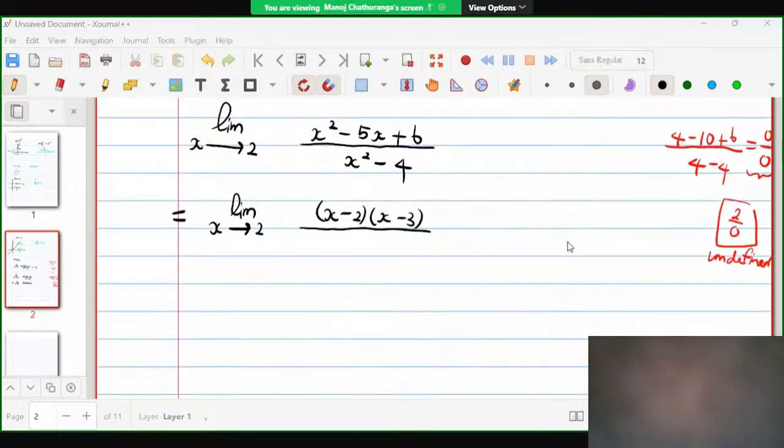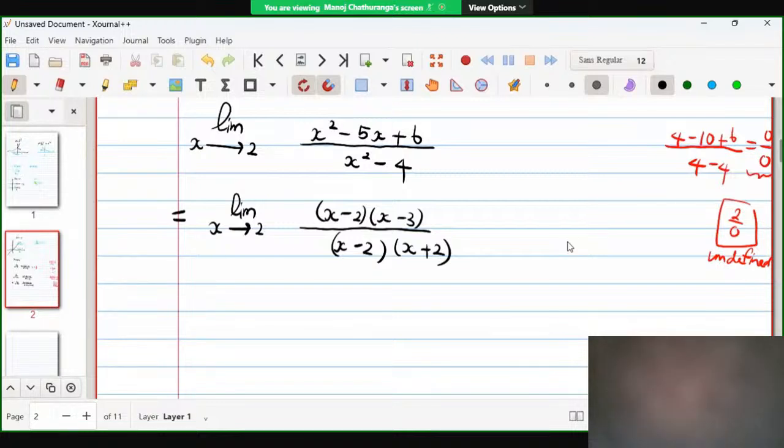And then not only the numerator, the denominator also has factors. If substituting 2 gives you a 0, that means x minus 2 is a factor. The other factor is easy to find.